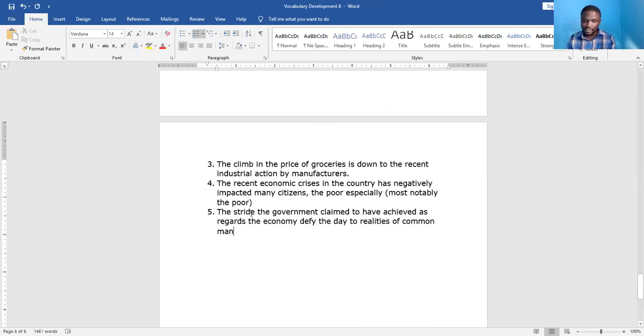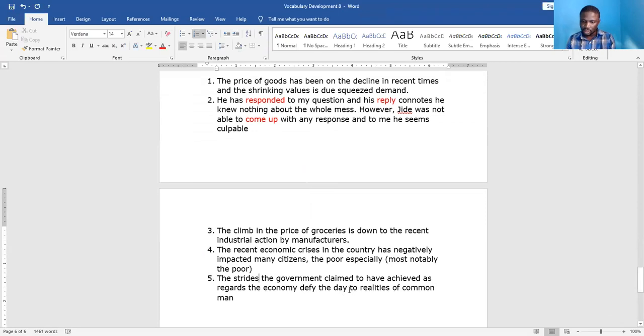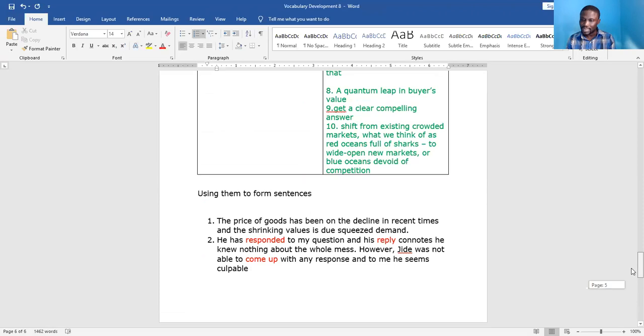Yeah, the strides the government claimed to have achieved as regards the economy defy the day-to-day realities of the common man.